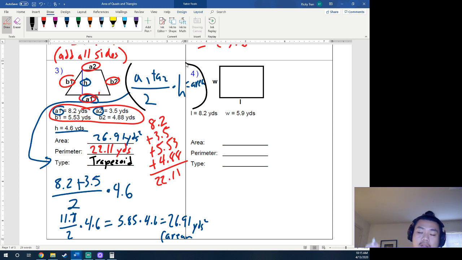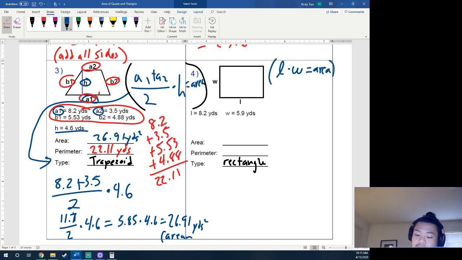Okay, number four is a rectangle, which is just length times width. Okay, so this is a rectangle. So area is just length times width equals area.